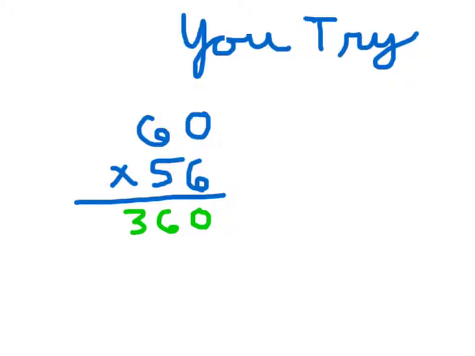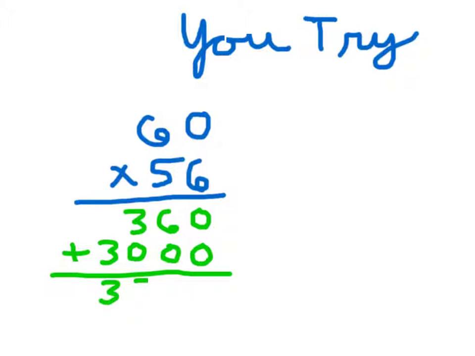When we're working with that 5 is worth 50, so we place a 0. And then 5 times 0 is 0, and 5 times 6 is 30. And then we carefully add those two numbers together so that we get our answer, that product of 60 times 56 equaling 3,360.